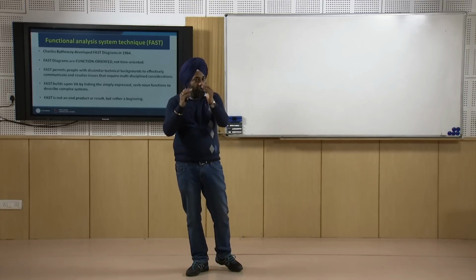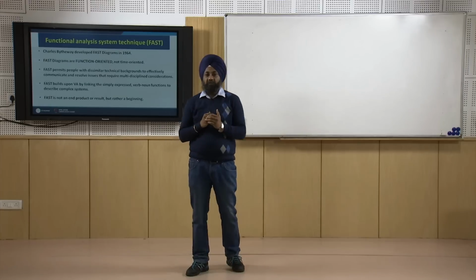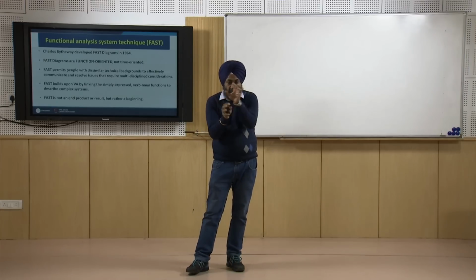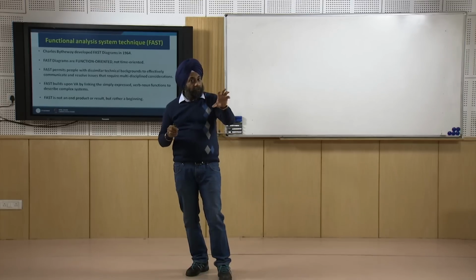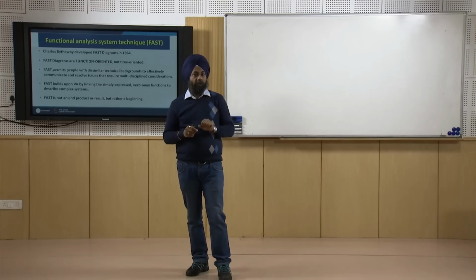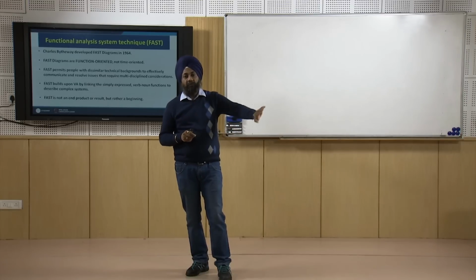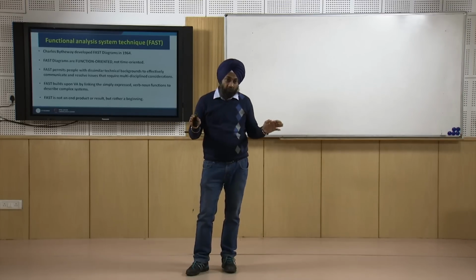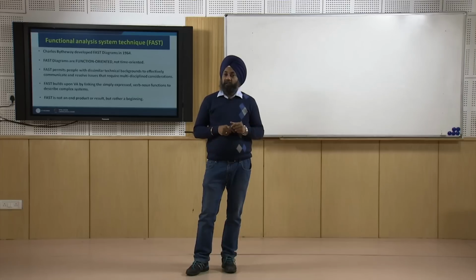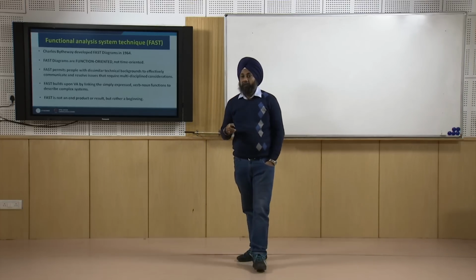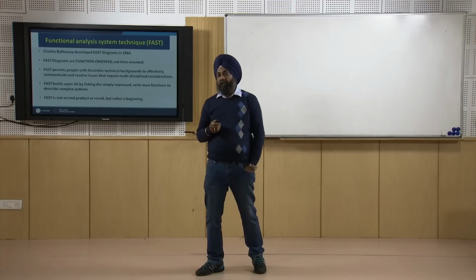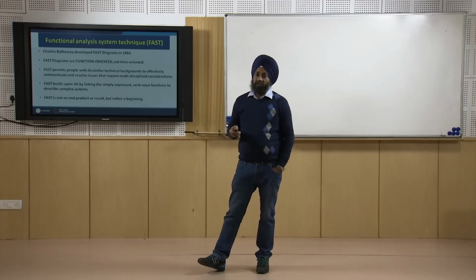Similarly in a product, when we do step by step analysis for each and every component of the product, we will understand that there will be certain parts which are not at all required in the product and can easily be removed, subsequently leading to improvement in the value of the product. So we will try to understand the FAST diagramming approach and how a FAST diagram looks like in the subsequent slides.